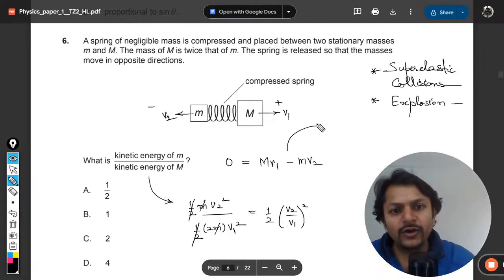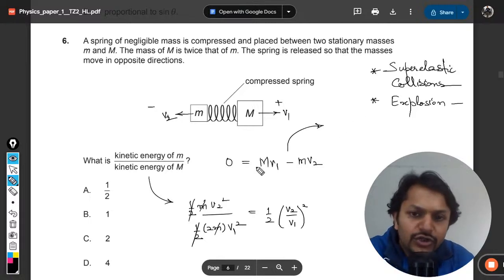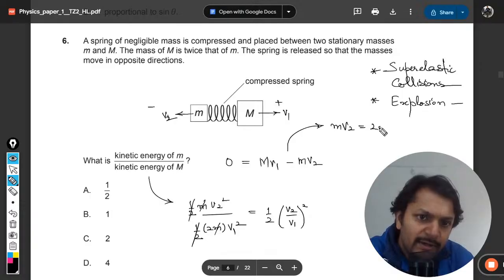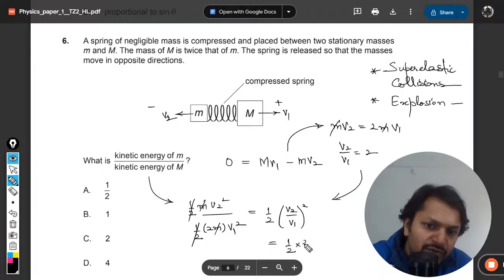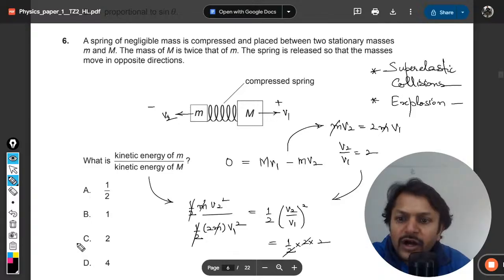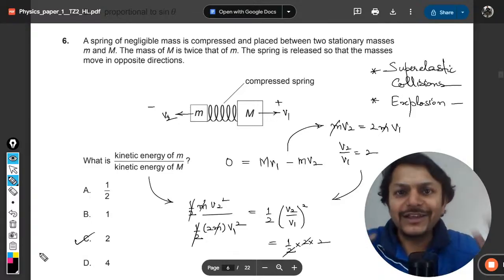We find this from the momentum equation. So this goes to the other side and becomes 2m v1. We want to find v2 by v1. So v2 divided by v1 is equal to 2, and this is the value that we substitute here. So it will be 2 into 2. So our answer will be C, and the answer will be 2.